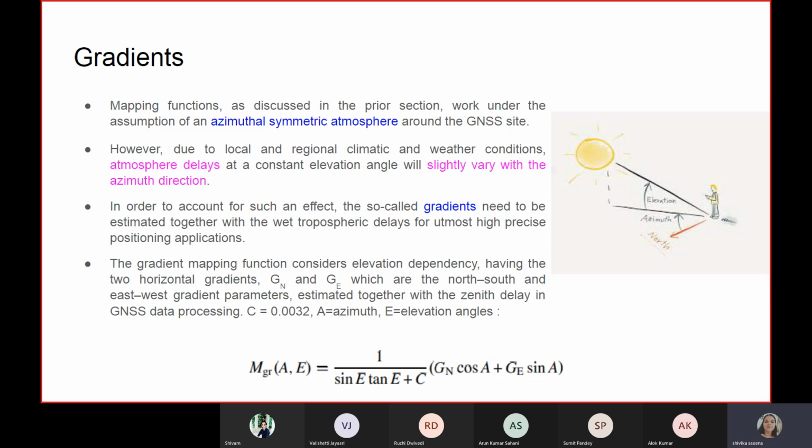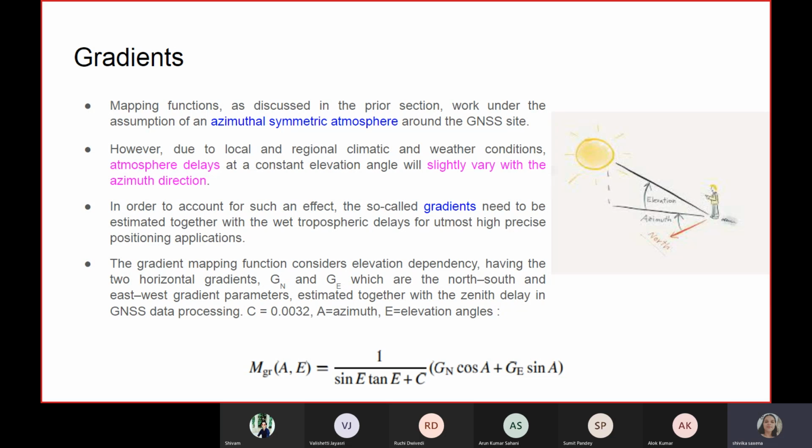So in order to account for this kind of variation in the azimuth direction, gradients need to be estimated. When are they estimated? They are estimated with the ZTD, the zenith total delay information obtained during GNSS processing. Along with it, the software also tells you the gradient information.